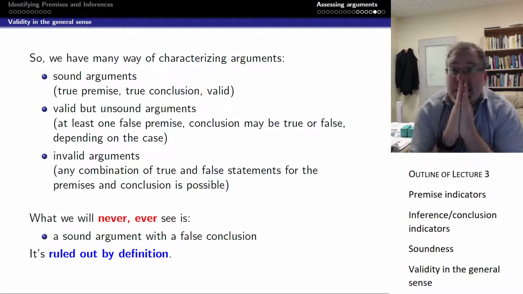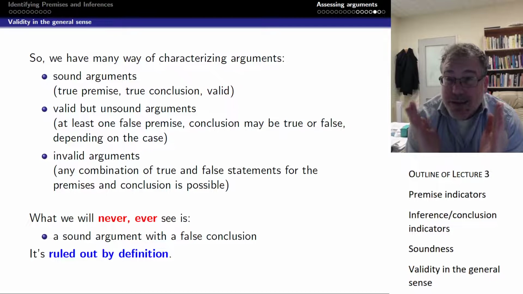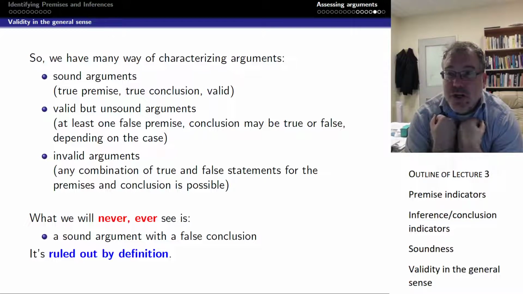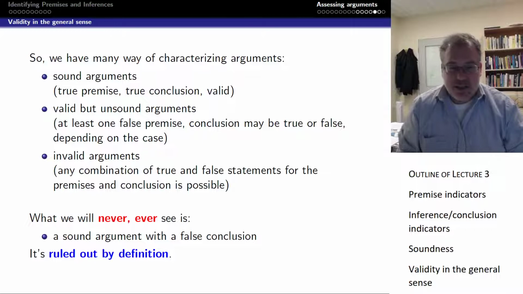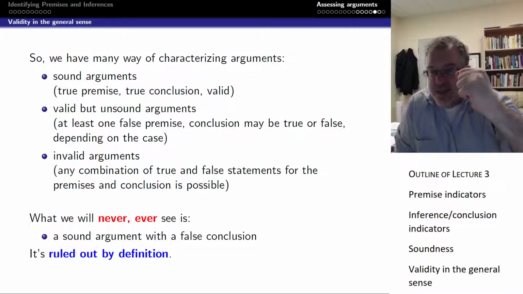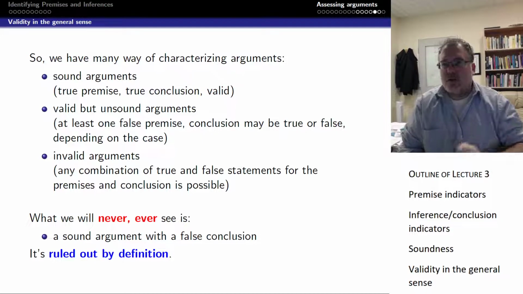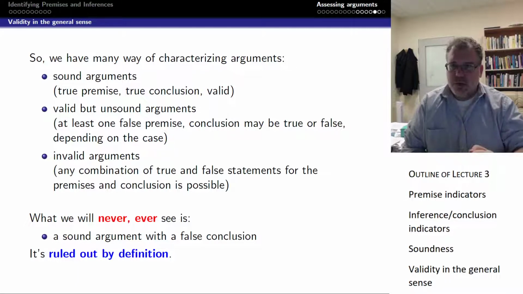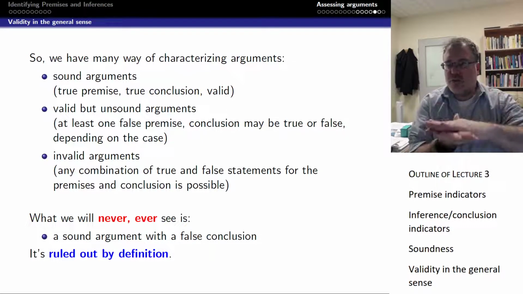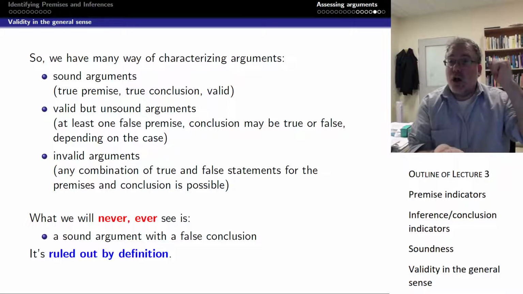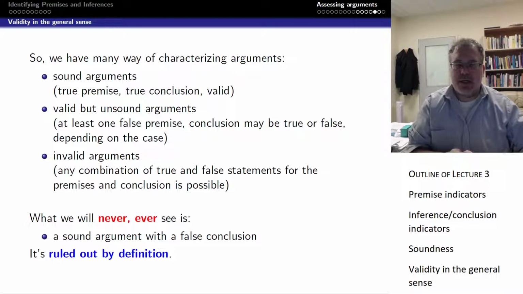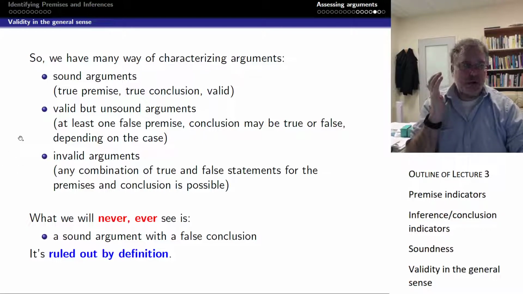But importantly, and this is really the most important here, something you should really internalize if you want to understand logical validity, what we will never see is a sound argument that has a false conclusion. Why? Because a sound argument, by definition, has true premises, and furthermore, the conclusion necessarily follows from the premises. All right? So this is really important.